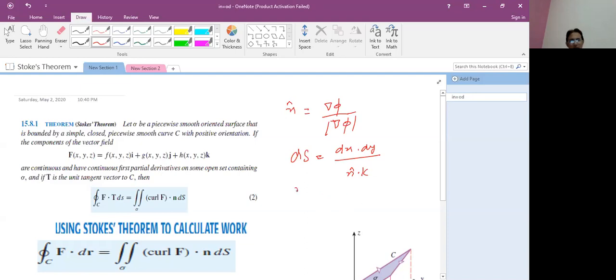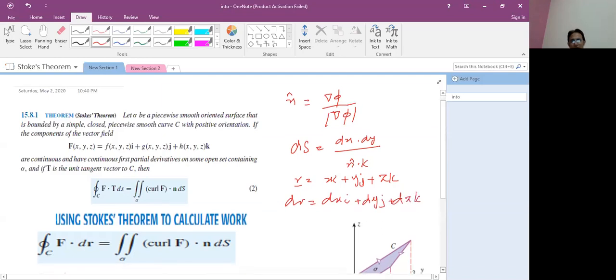And what is r? r is a vector in three dimensions, so r is equal to xi plus yj plus zk. Now if we find the derivative, dr is equal to dx i plus dy j plus dz k.